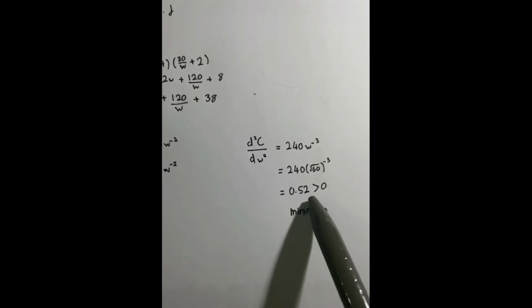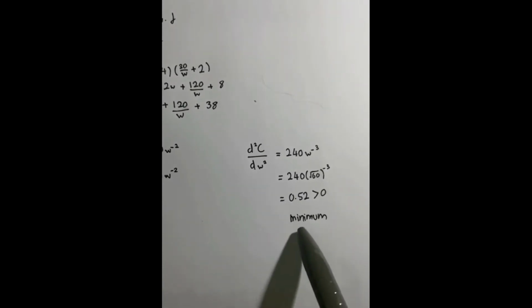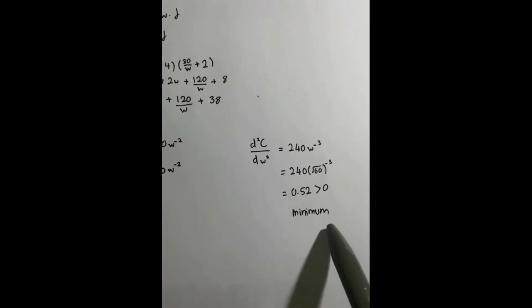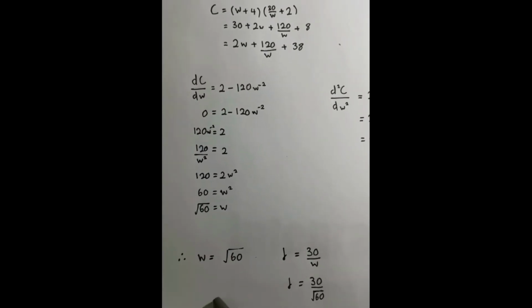And I check if the value is greater than 0, and yes, so it is the minimum. After that, the question asks about what are the dimensions.